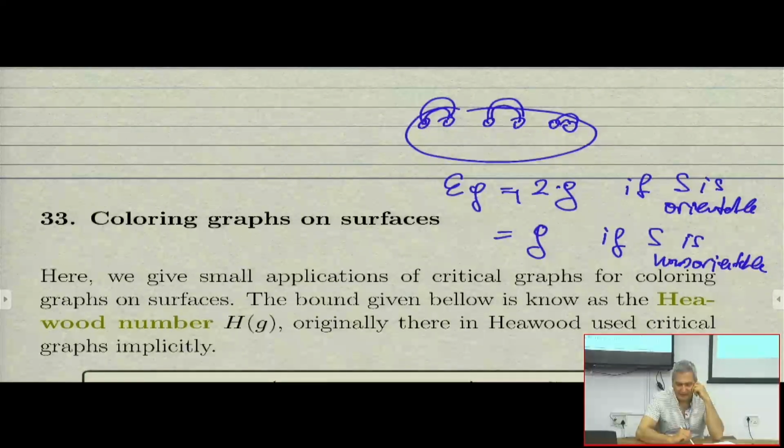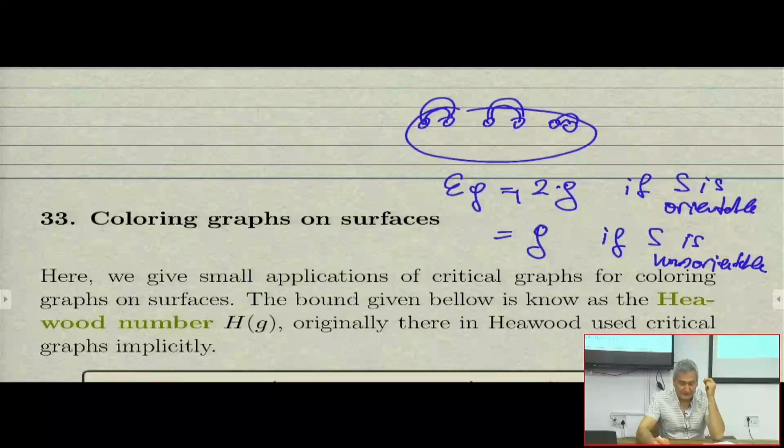So for an orientable surface, g is the number of handles. So the torus has genus 1, one handle. But Euler genus actually counts these holes when we remove it. So it will be 2.